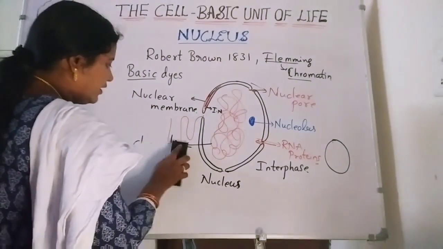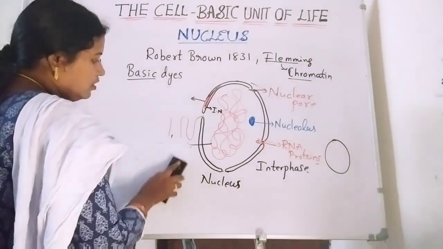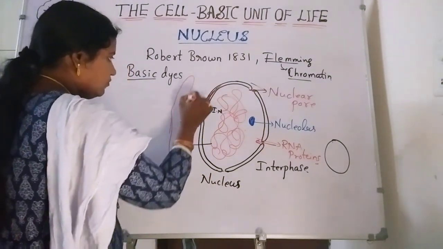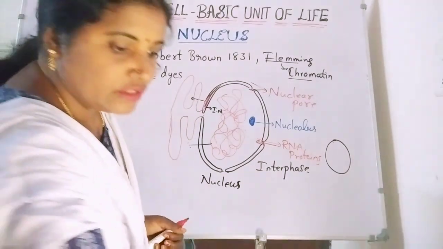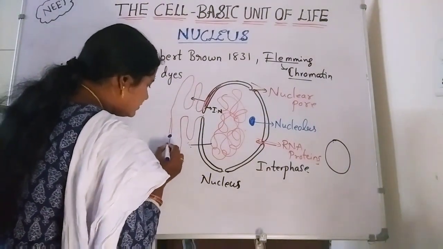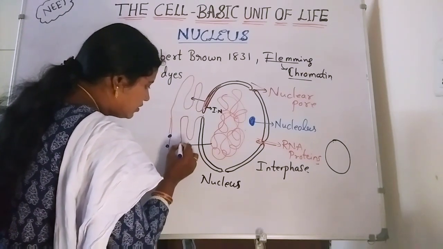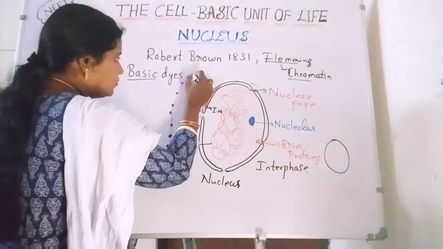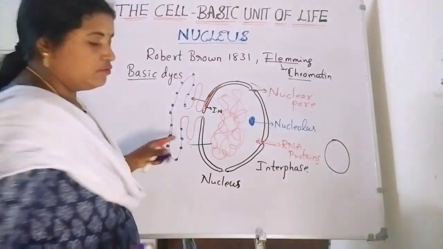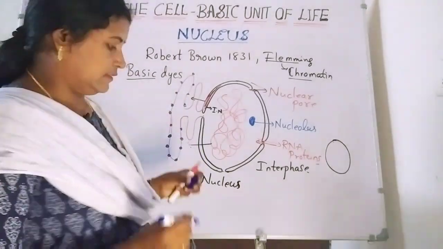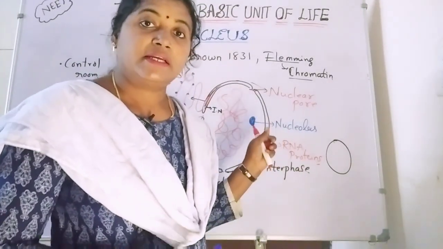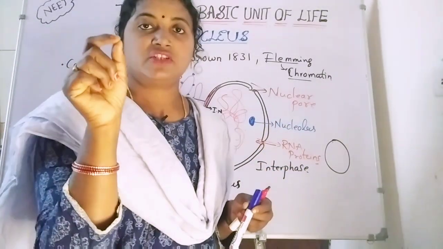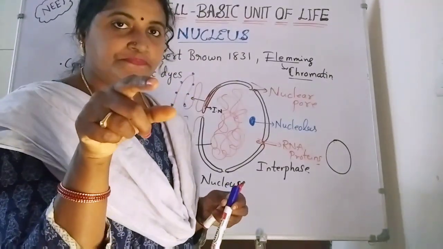So you have understood the chromatin part, so I am rubbing it off. Look here, the nuclear pore is going to be connected with the endoplasmic reticulum structures. This endoplasmic reticulum contains round dot-like structures known as ribosomes. The ribosomes are responsible for protein synthesis. This endoplasmic reticulum is known as rough endoplasmic reticulum because of the granule-like ribosomes on the surface.